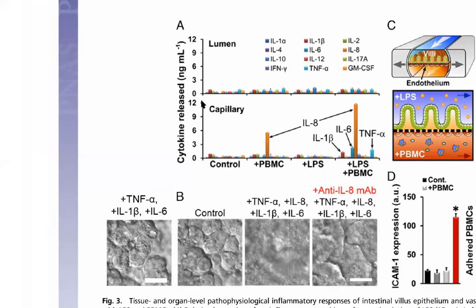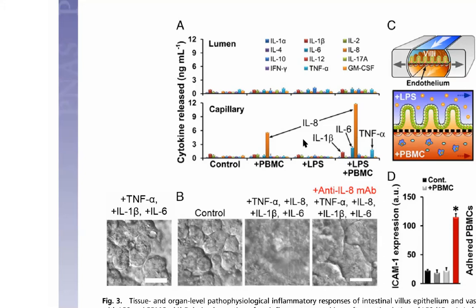But in the capillary side, meaning the lower channel, adding the PBMC alone could cause the IL-8 to have a very significant increase. But when they add the LPS and PBMC together, they can see these 4 cytokines were increased.